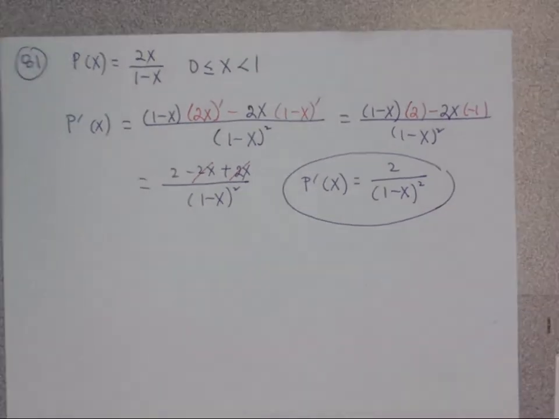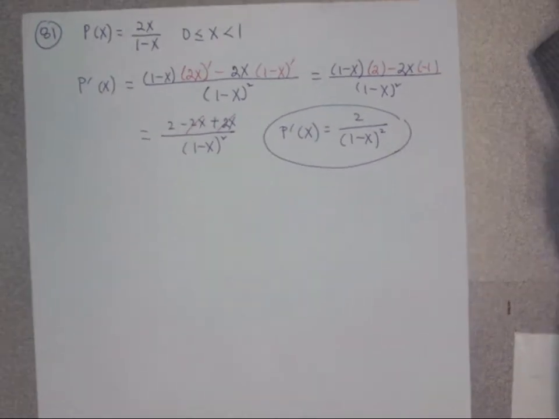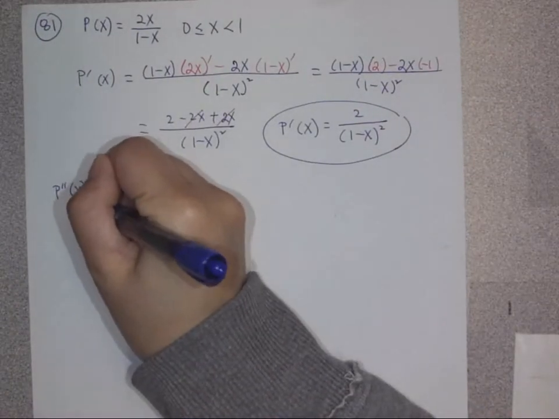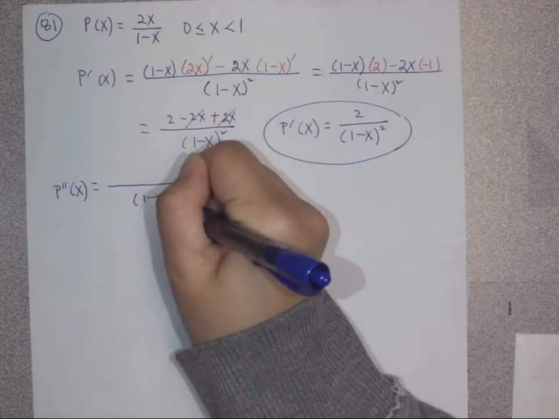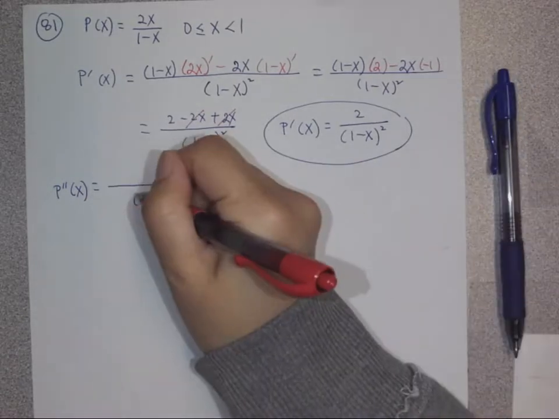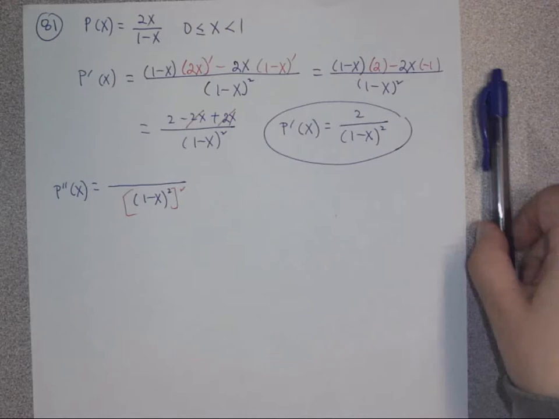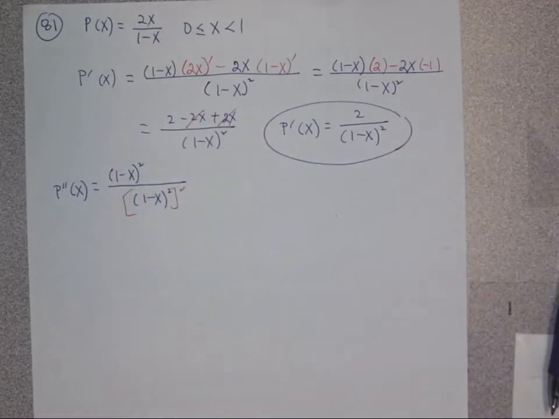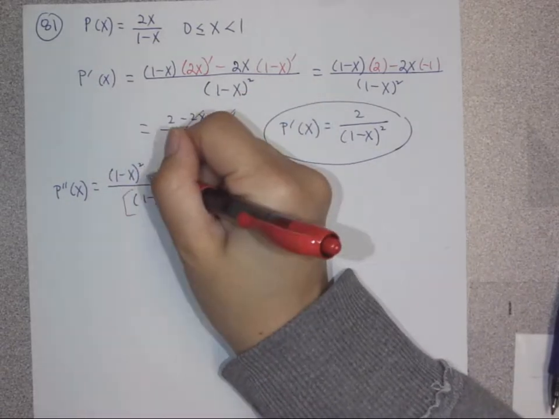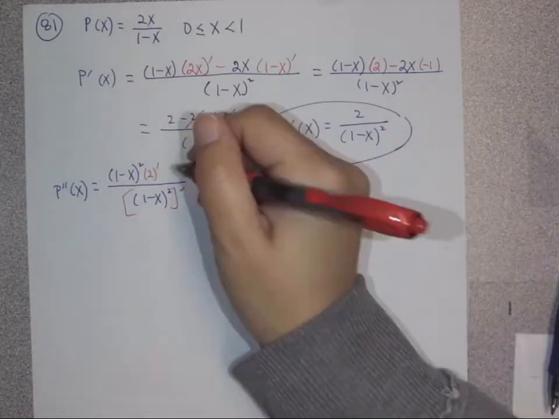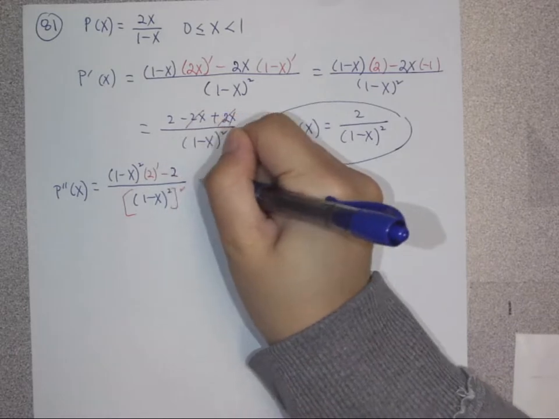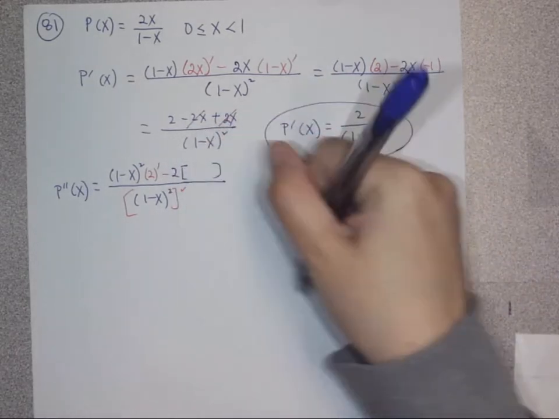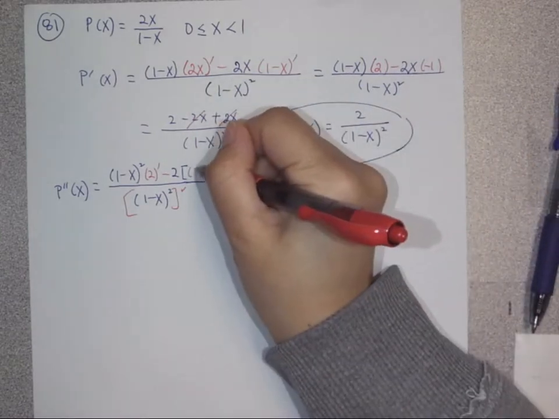But let me go ahead and find the second derivative. Let's see what we get. So the second derivative, p double prime of x, again quotient rule, 1 minus x squared needs to be squared on the bottom. And then the bottom part times the derivative of the top part, subtracting the top part times the derivative of the bottom part. We have to be careful, that's a chain rule.